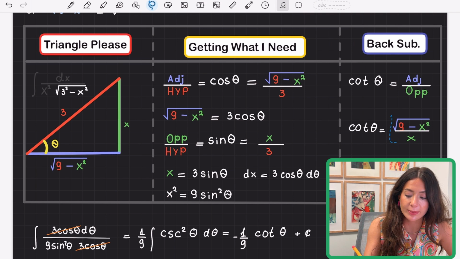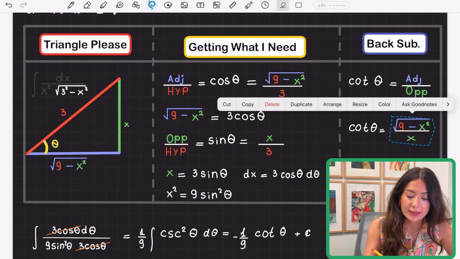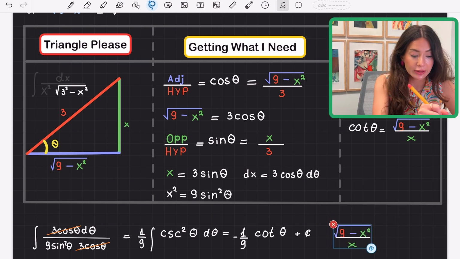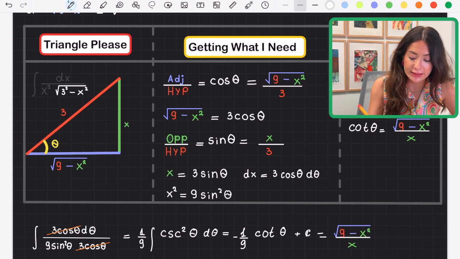So you can copy and paste the expression for cotangent. Can't forget negative 1 over 9. If I got any other trig function, I could easily find that trigonometric function with the help of my triangle. This is the final answer.